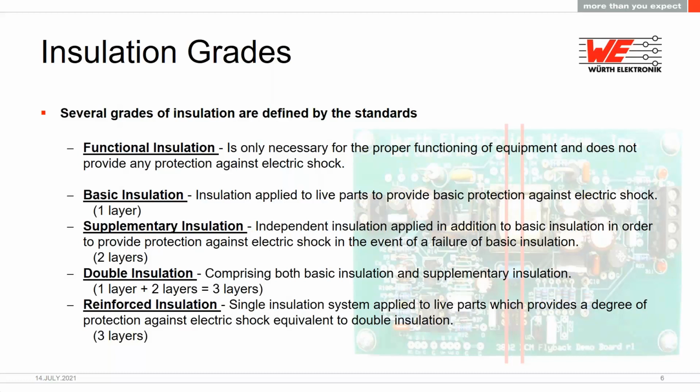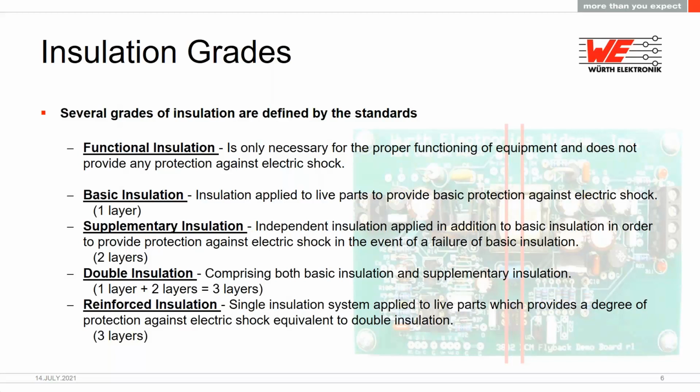Most standards require a specific distance to be maintained between the primary and secondary when designing for basic insulation. Typically, this falls in the range of, let's say, 2 to 4 millimeters for standard offline input applications. The dielectric requirements also tend to be in the range of that 1500 to 2500 volts AC.